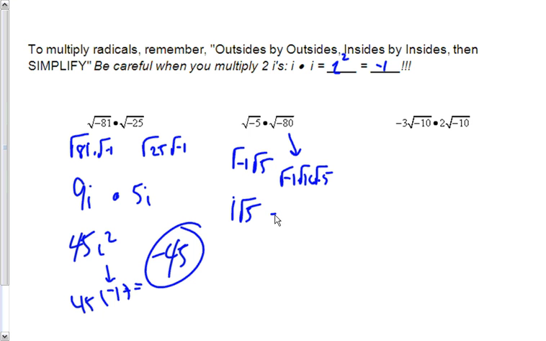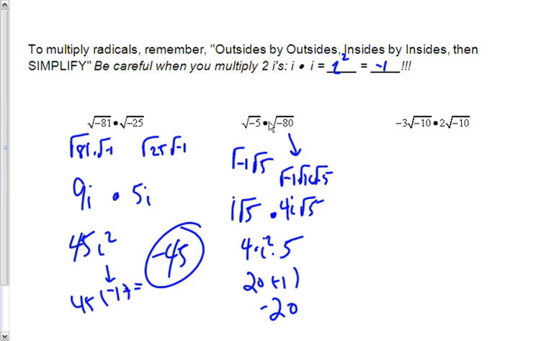Well, that's going to be i, the square root of 16, well, we call that 4, and then the square root of 5. Alrighty? So then, look, we get 4 times 1, which is just 4, and then i and i, which is i squared, so you get 4 times i squared. And radical 5 times radical 5, well, isn't that just 5? 4 and 5 give me 20 when you multiply it. 20 times i squared, which we just discussed, remember, is -1, which is -20.